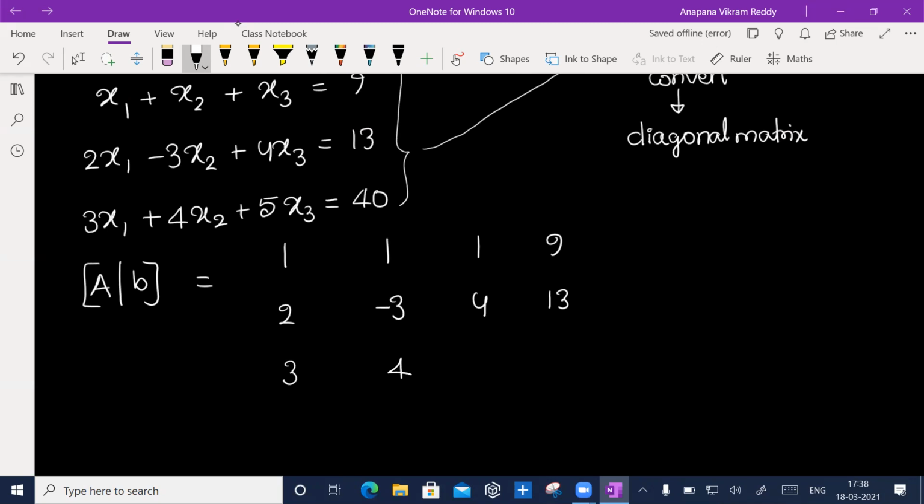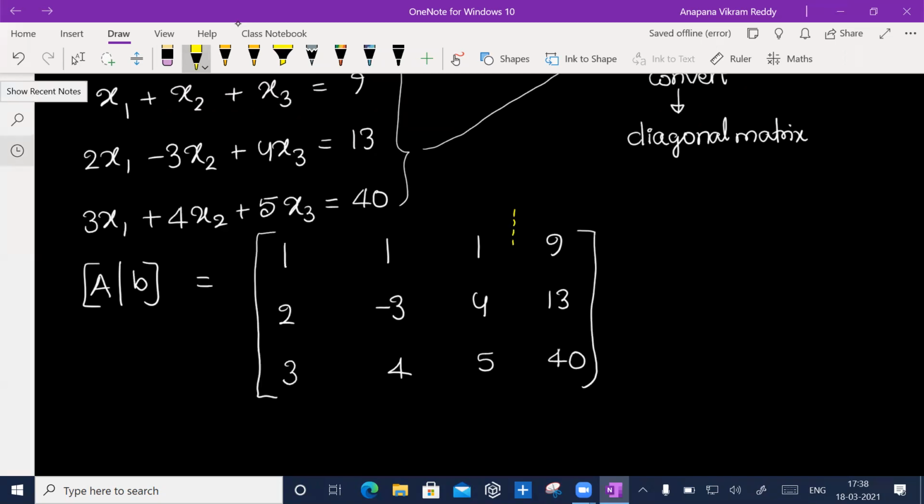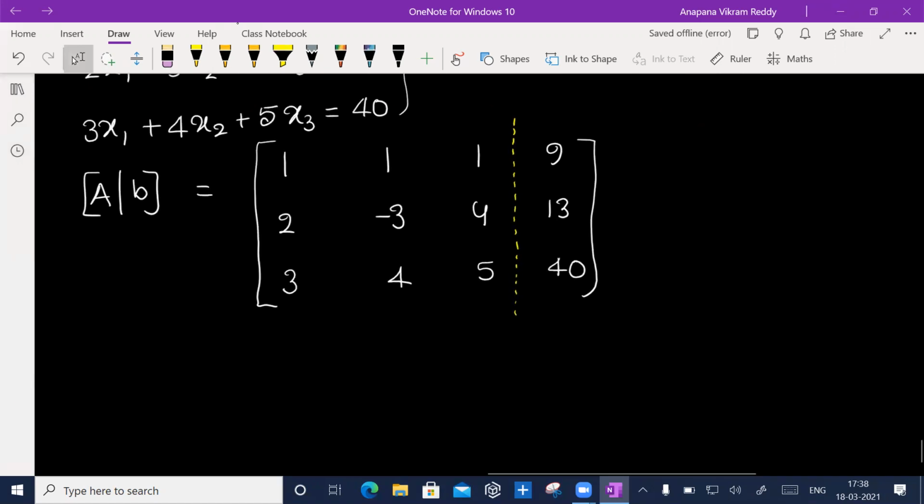Then you have 3, 4, 5, 40. Let us build a wall between the coefficient matrix and the right hand side column vector. The goal is you have to make this guy 0 and this guy as well as 0.